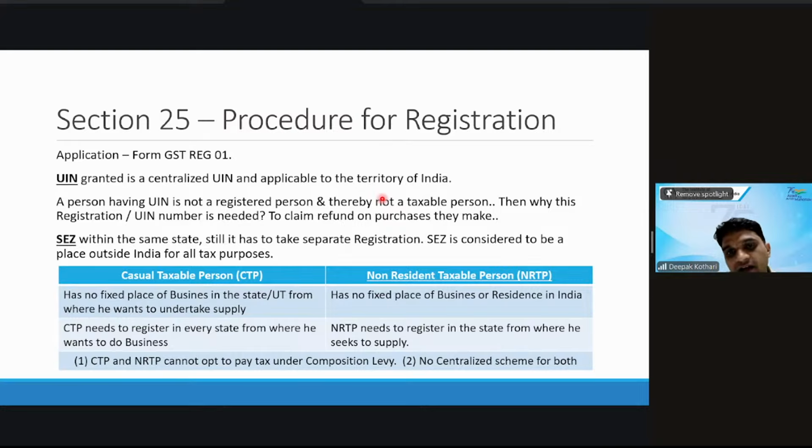Now they want to set up in India, right? So any agency of the United Nations Organization, or a multinational financial institution, or a consulate or an embassy office that wants to set up in India, will get a UIN number. They will not get a normal registration number.